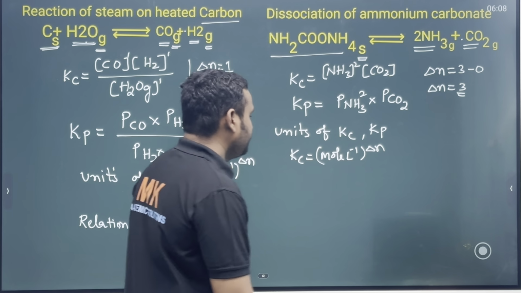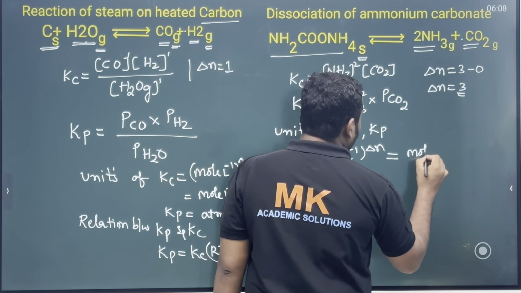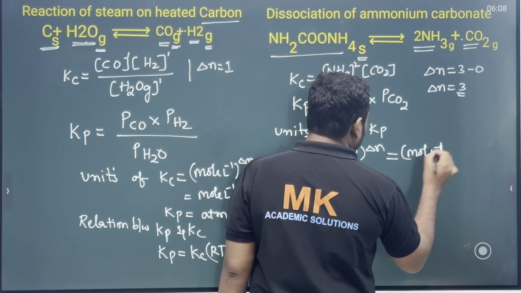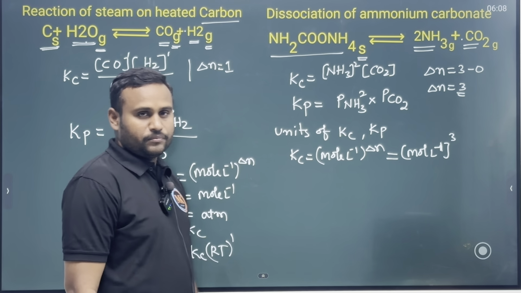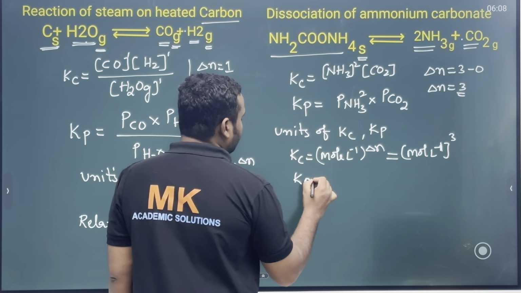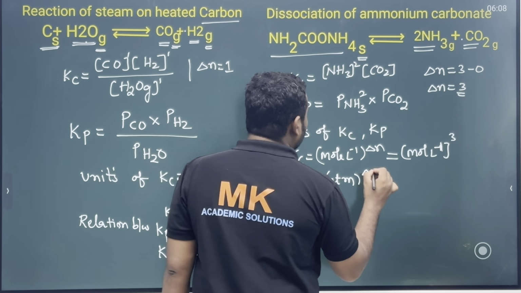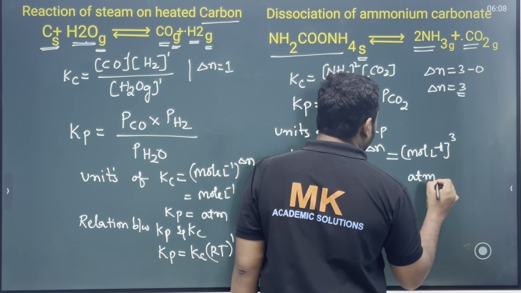So now here what will Kc units be? Moles per liter whole to the power 3, or else simply mole cubed liter to the power minus 3. And Kp units, what are the Kp units? Atmosphere to the power delta n, that is equal to atmosphere cubed.